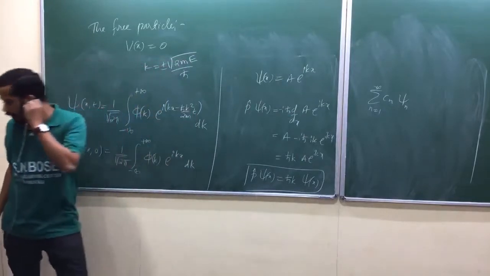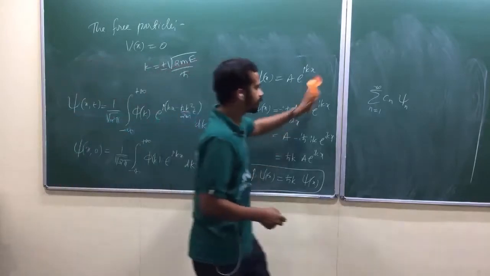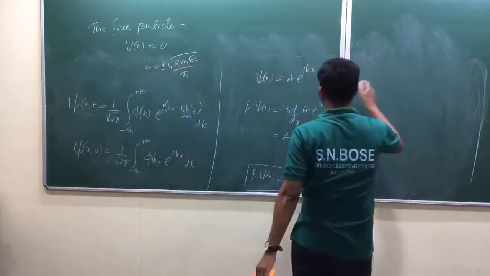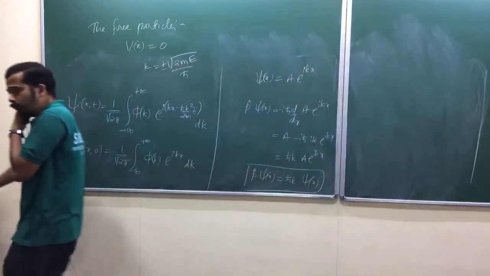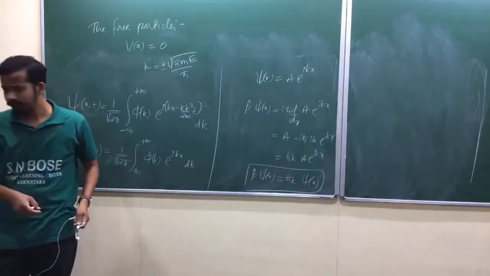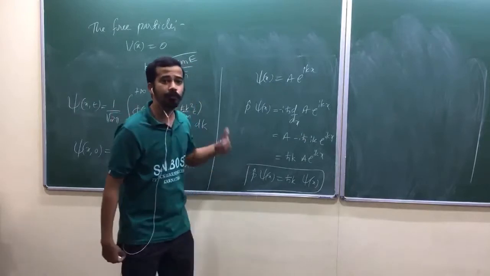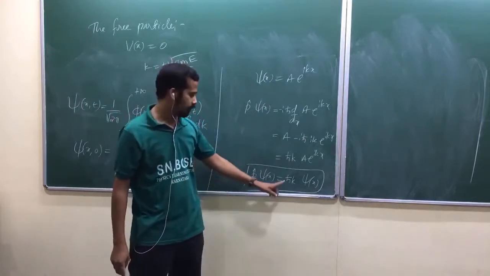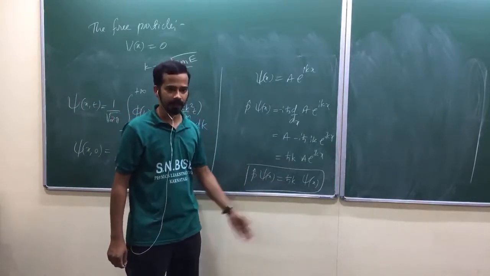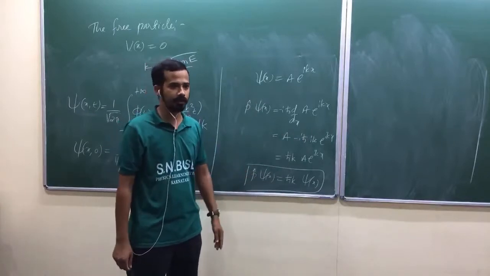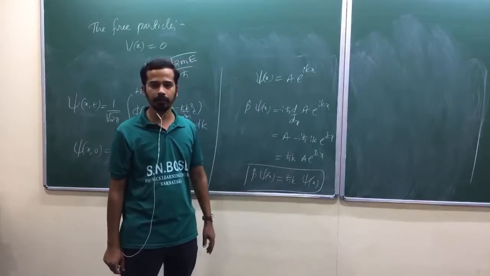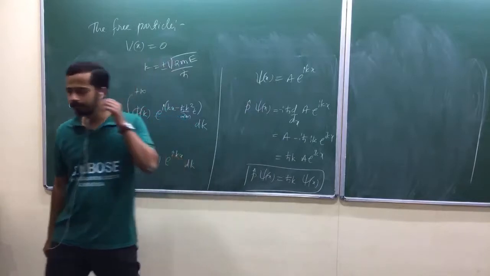Now look at here. We can understand uncertainty here. If you do a momentum measurement, you will get h bar into k. Again, our de Broglie formula also gave the same answer. Momentum value is h bar into k. Isn't it?